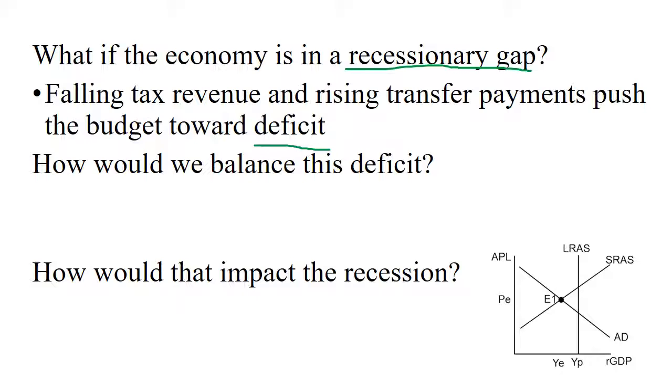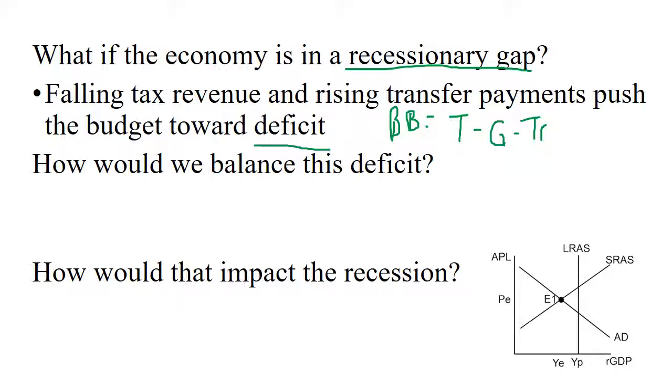Even though those are linked, they're two separate problems. One problem is in the business cycle, and one problem is in the budget balance. So let's see, what would we do to balance this deficit? To balance a deficit, we need our budget balance equation, right? So BB equals T (taxes) minus G (government spending) minus TR (transfer payments).